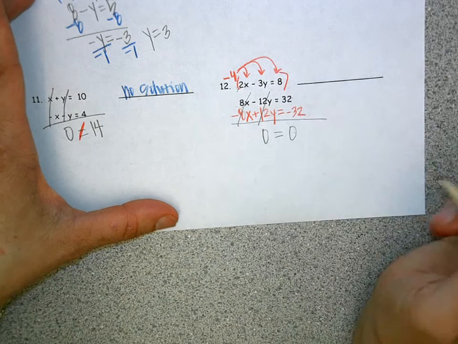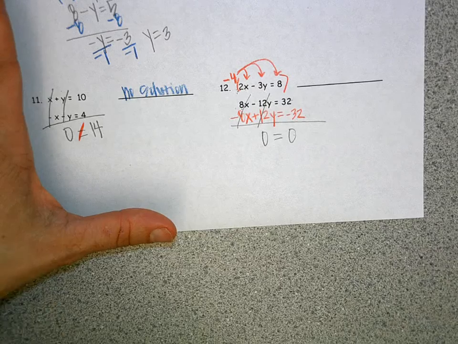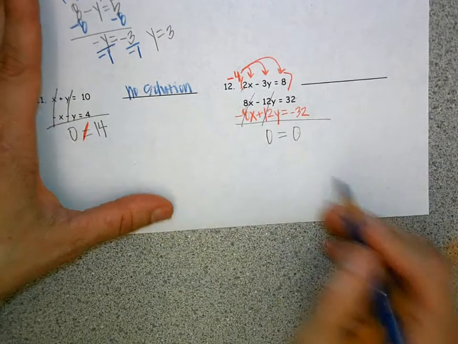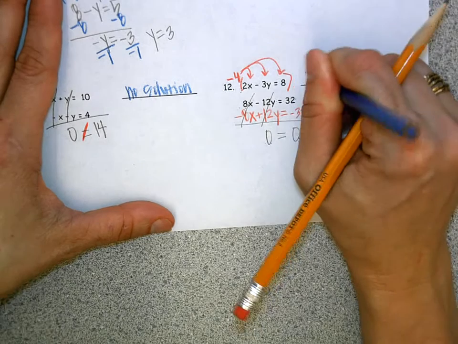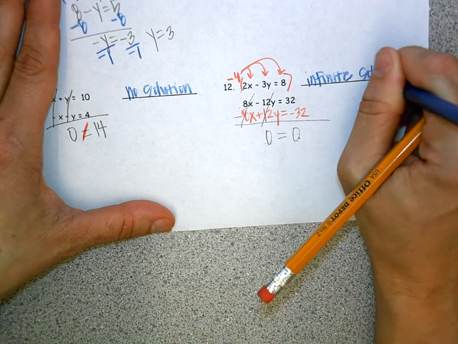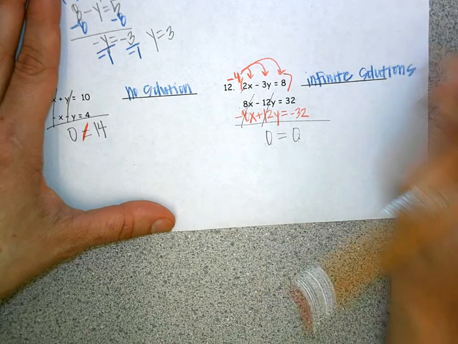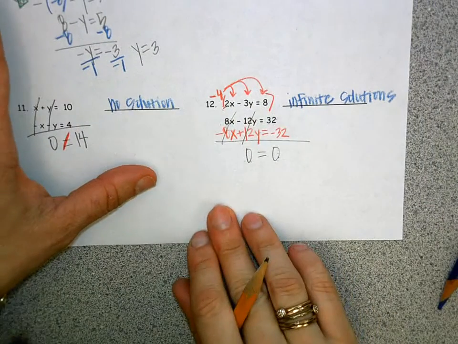So what do you think it means if it's 0 equals 0? Infinite solutions. So if you get a true equation, that means infinite solutions. If you were to graph that, these lines are the same line. They would be on top of each other. They touch at every single point.